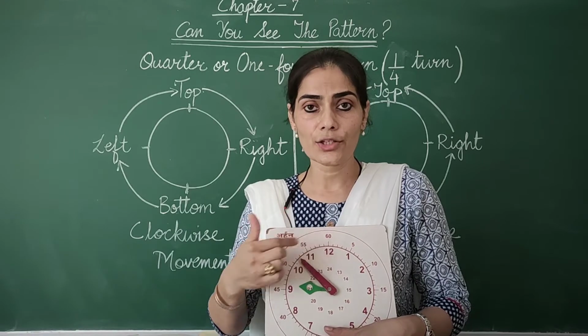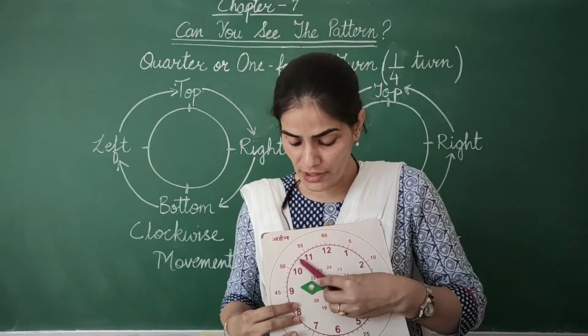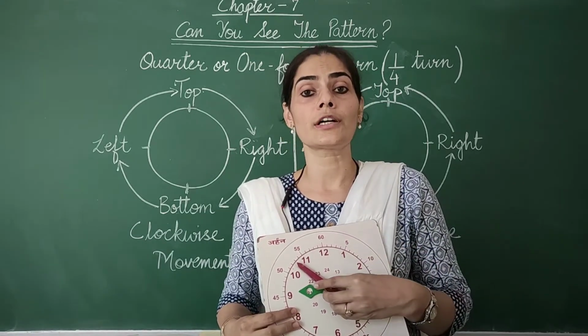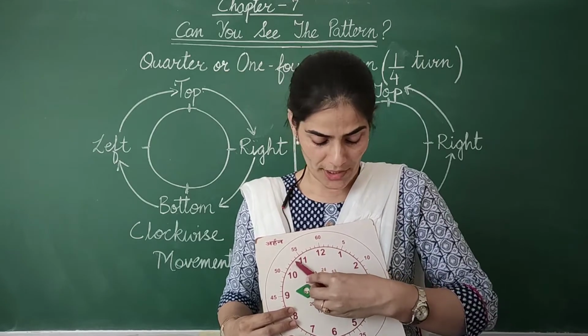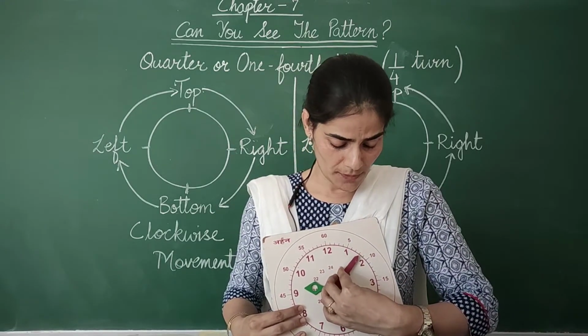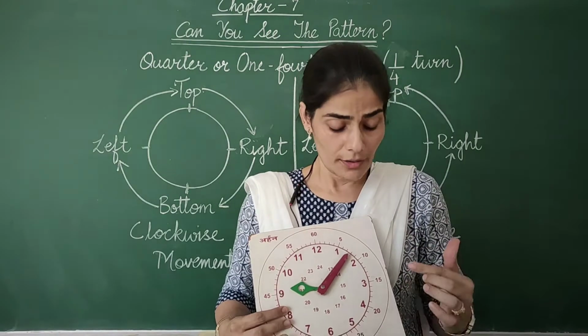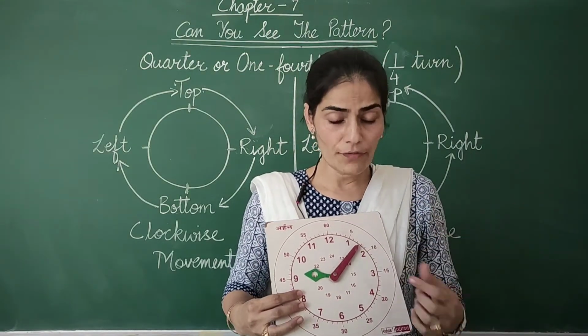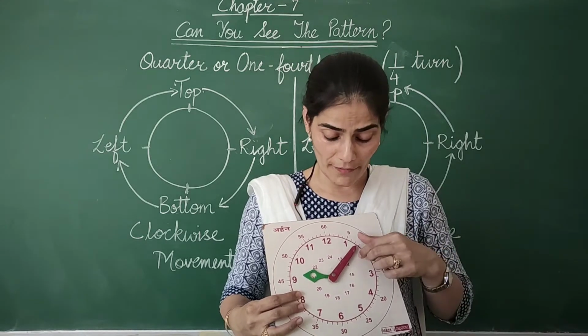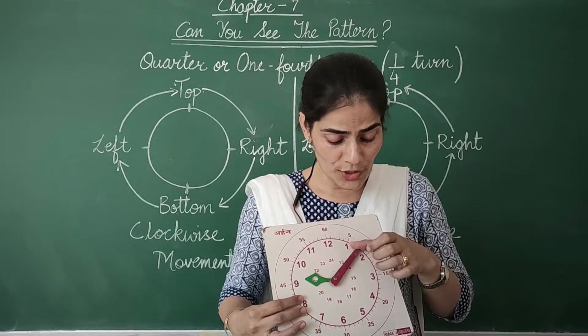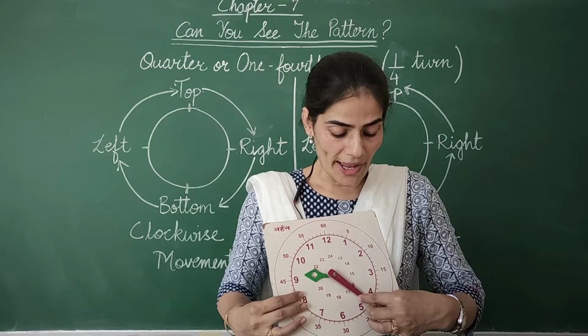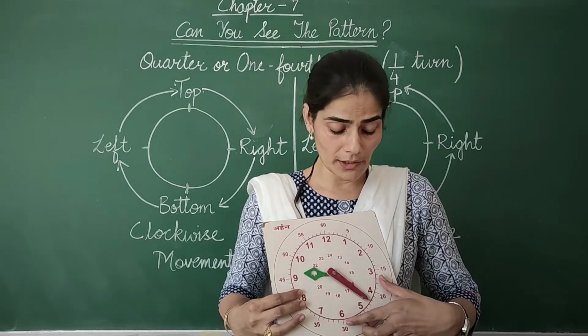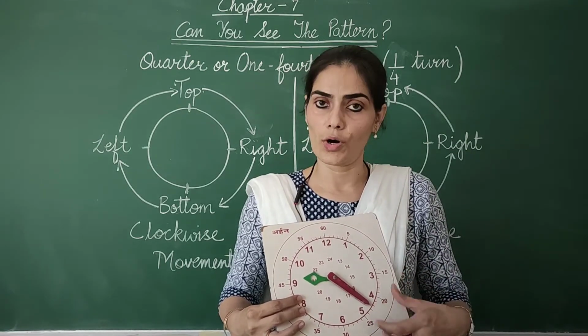So after a quarter turn clockwise, where will it point? It will point between your right and top. Now again, if we give it a quarter turn, where will it point? It will point exactly between right and bottom.